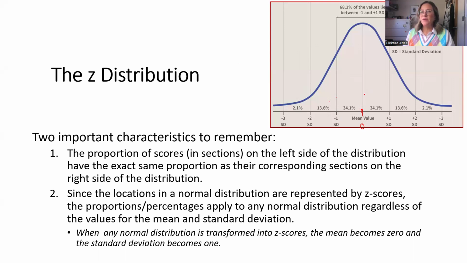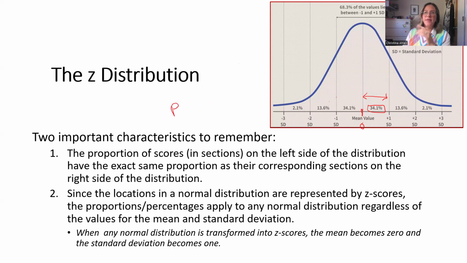The amount of scores between 0 and 1 standard deviation with a z-distribution is the same for every distribution. So 34.1% of the scores will fall between 0 and 1 standard deviation. And in reality, percentage and proportion are interchangeable, remember?